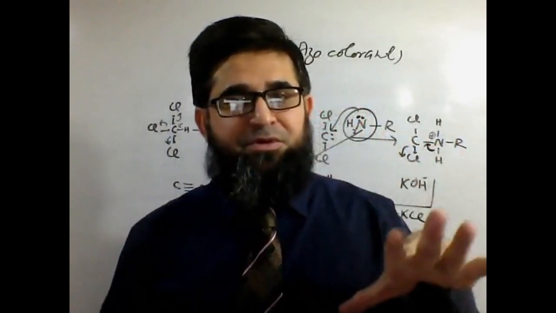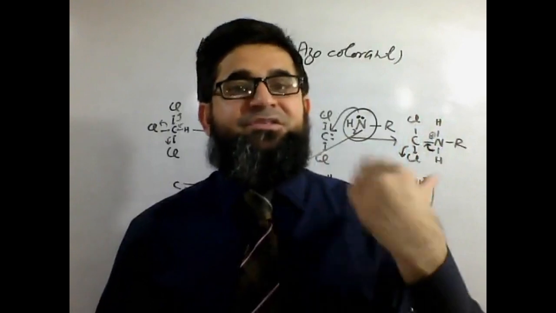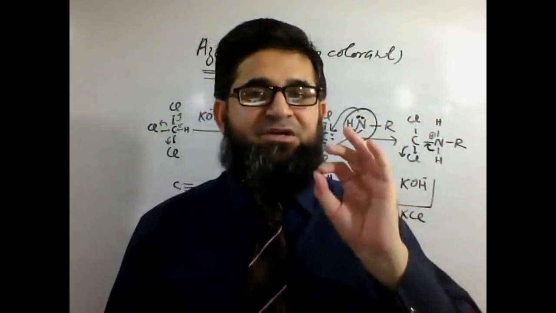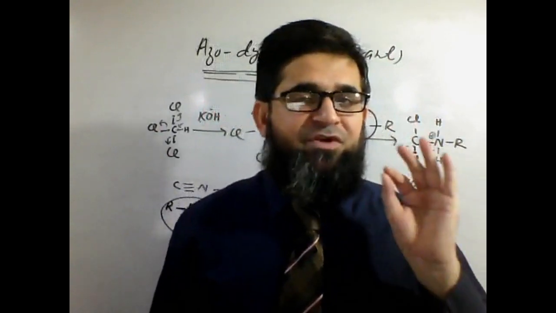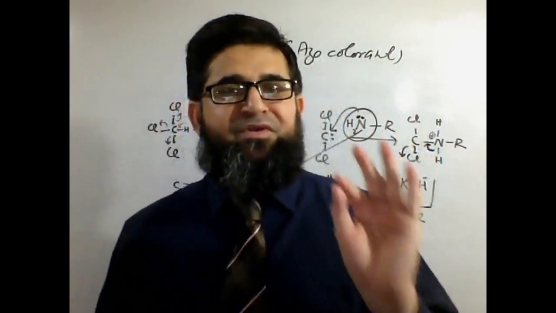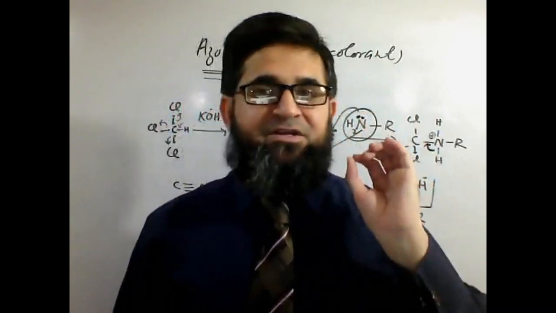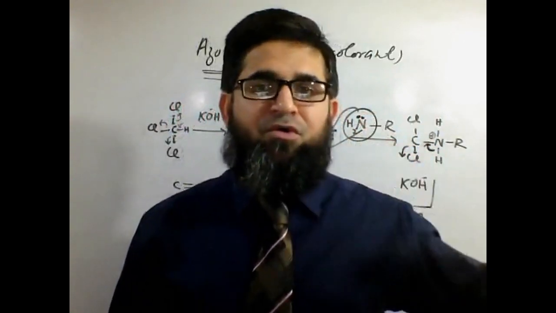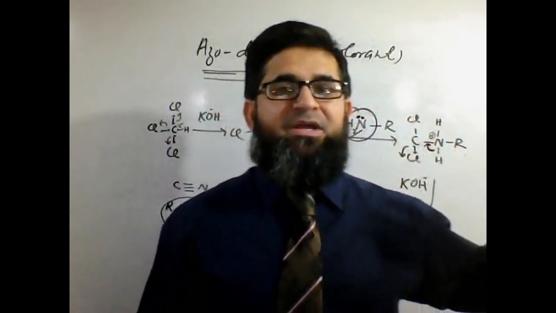So this test is important in a way that if you want to identify any given unknown basic compound, if your lab instructor, your teacher, has asked you to identify. Secondly, if your teacher has asked you to prepare an azo dye from a given unknown compound, for the very first, you need to have an idea whether that given compound is a primary amine. If that's a primary amine, then you can move on to produce your azo dye, azo colorant.